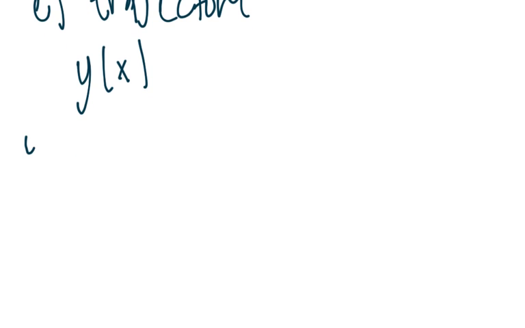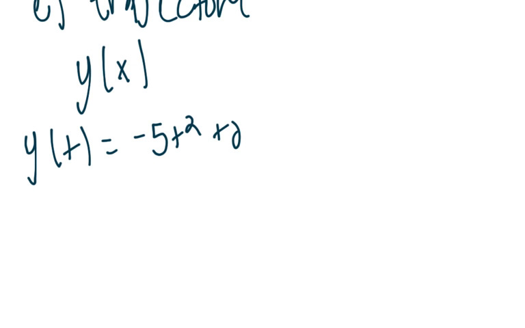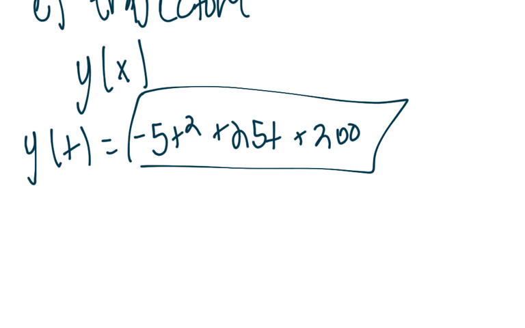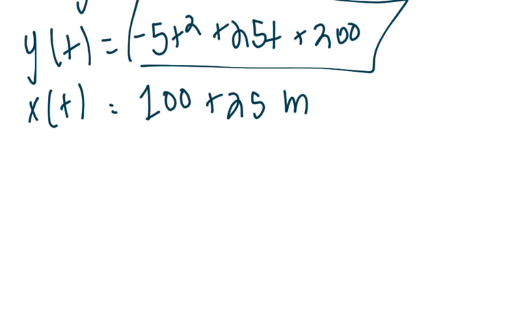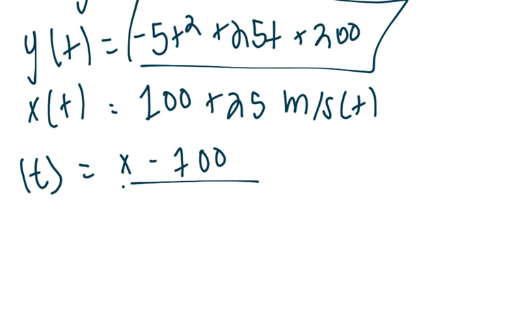But since we only have y of t right now, which is this one, which we just used recently, we do y equals 100 plus 25 meters per second times time, and we get time equals x minus 100 over 25, or x over 25 minus 4.